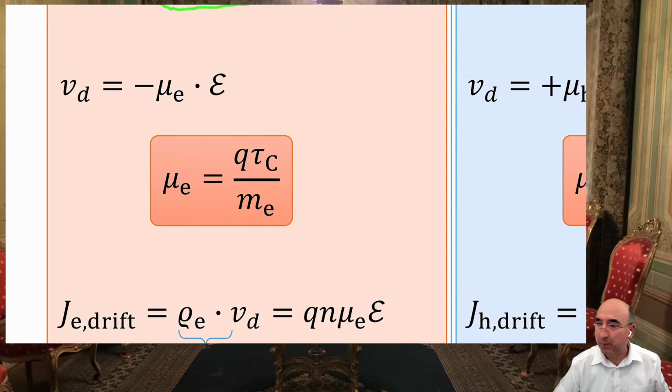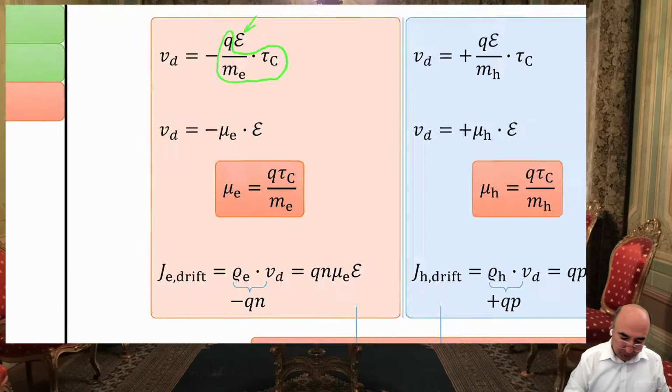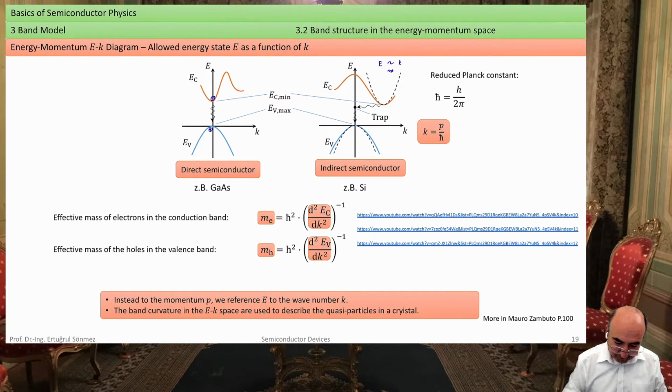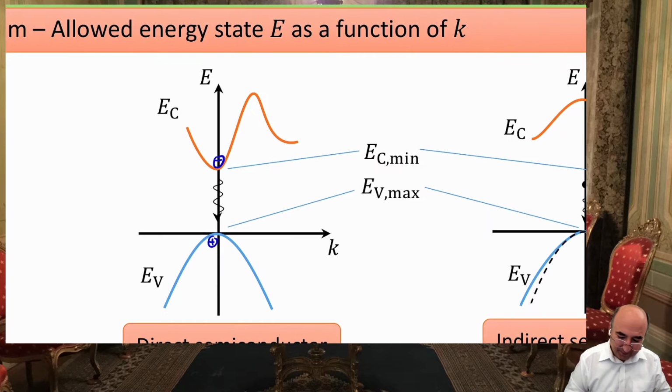Now we have to go back to one certain slide. What is the mass of the electron? This one. And the mass does change with the energy. This means the electron does not behave like a particle in vacuum.